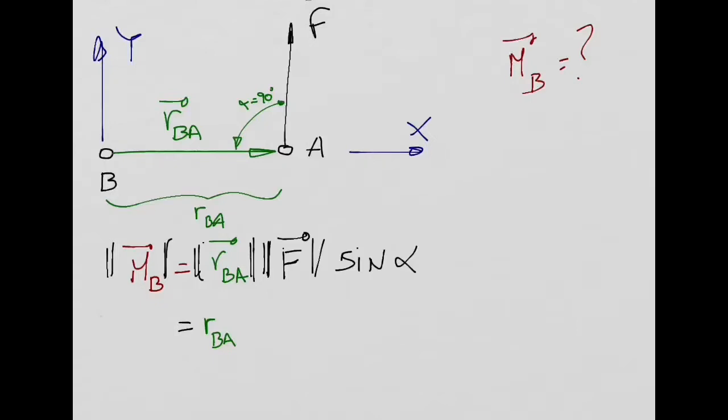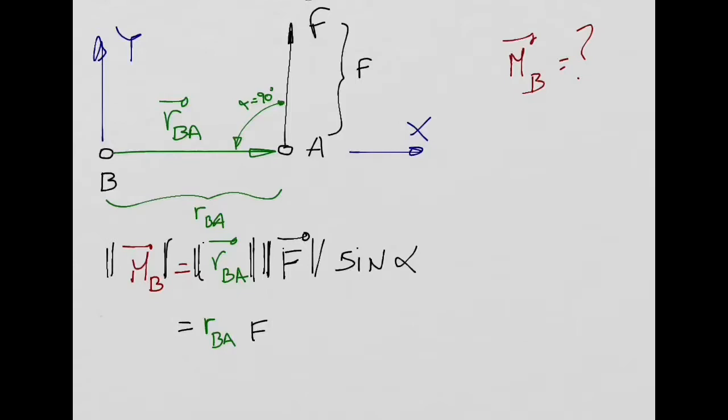The norm of my force F is the intensity of my force, 100 newtons, 500 newtons, 1,000 newtons, whatever, right? So basically it is the length of this vector here. I will call it F, which is the norm of F. And in this case, alpha is 90 degrees, so sine of 90 degrees is equal to 1.